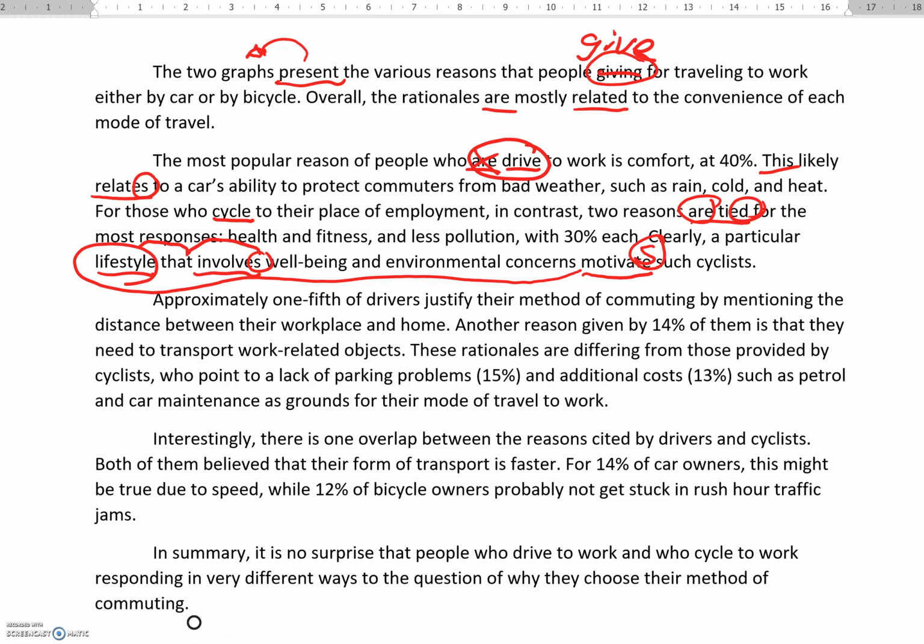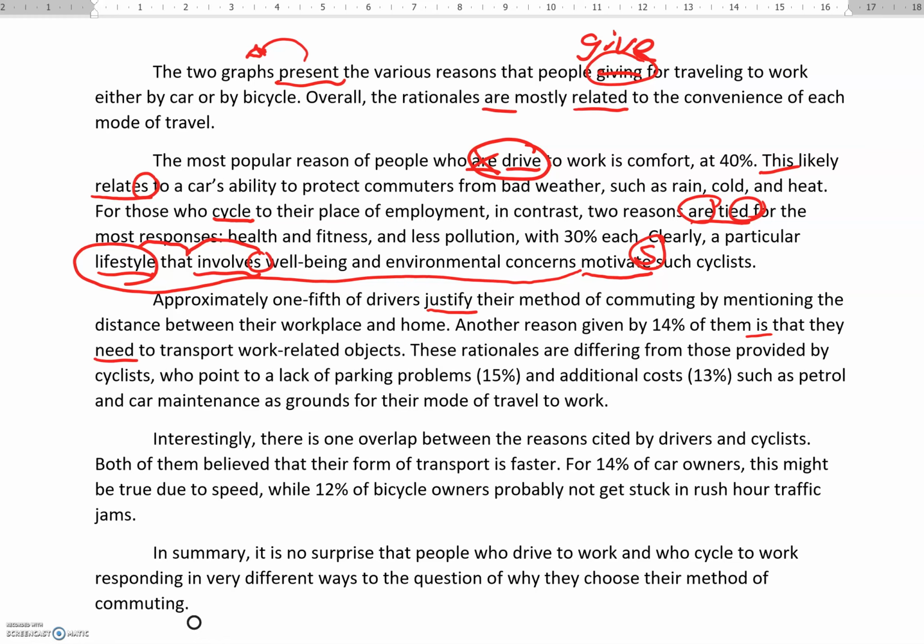Approximately 1/5 of drivers justify, okay, give reasons for, yeah, justify, that's okay, their method of commuting by mentioning the distance between their workplace and home. Another reason given by them is, okay, the reason is that they need, okay, to transport work-related objects.